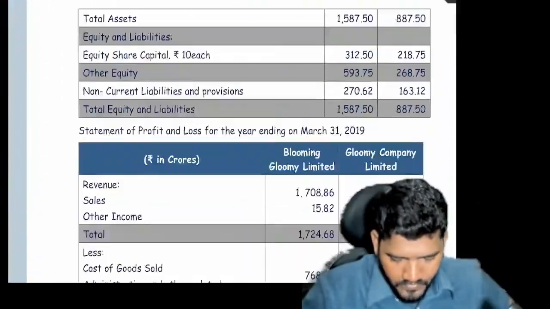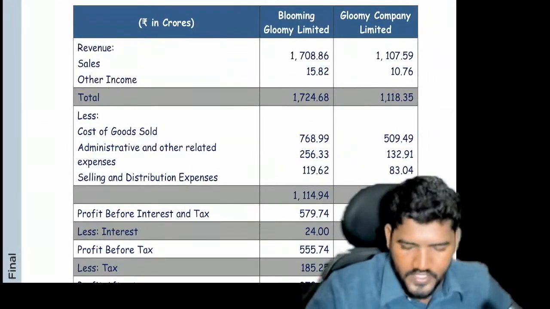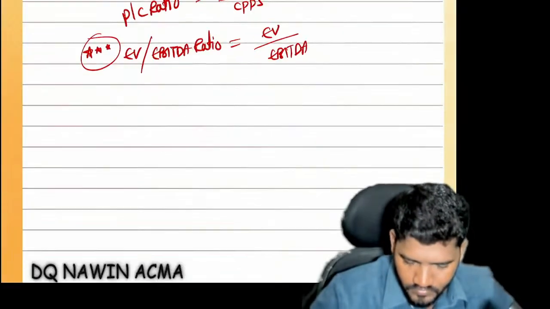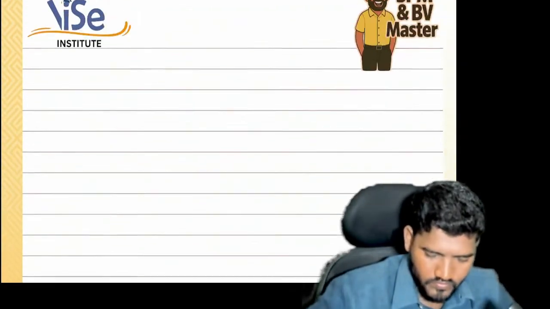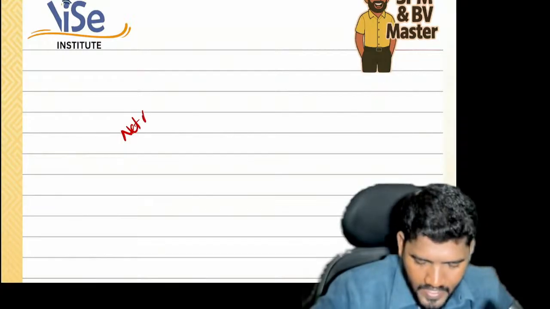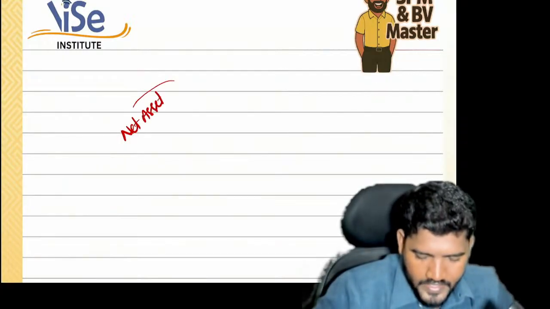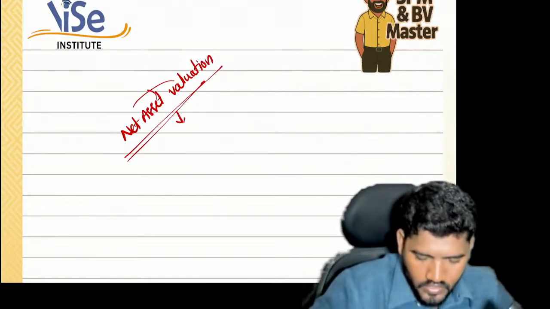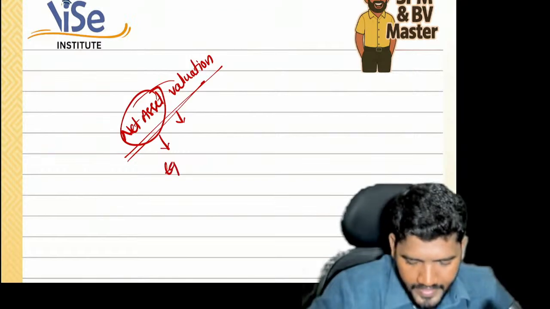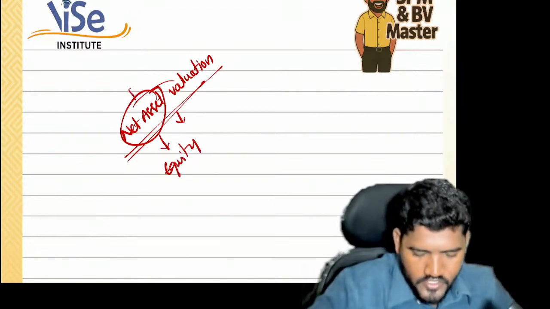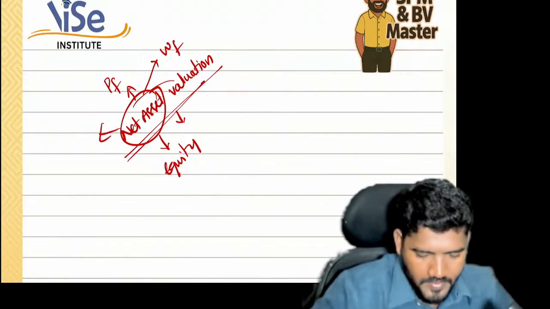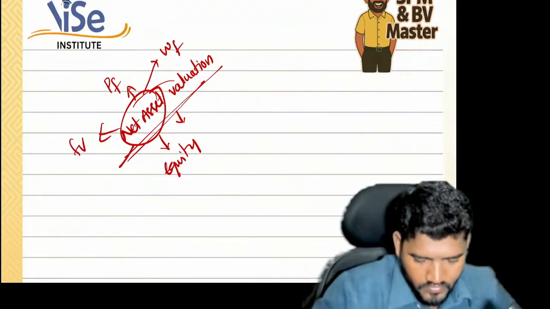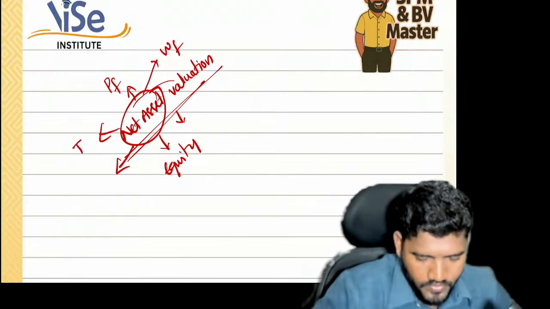Next, the next concept: net assets valuation. The net asset also has alternative names: equity, also known as proprietary fund, also known as owner fund, also known as intrinsic value.